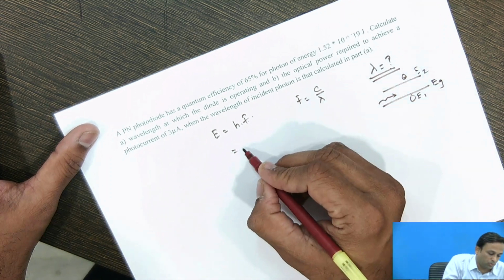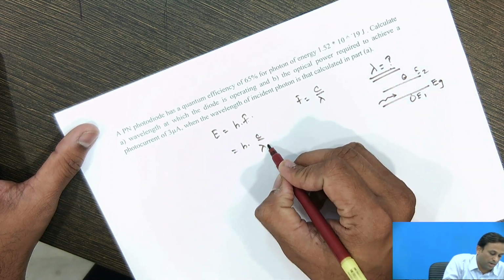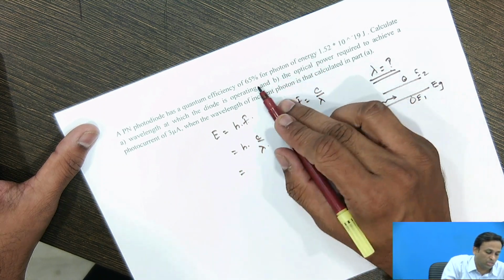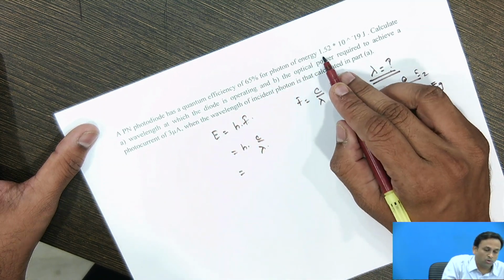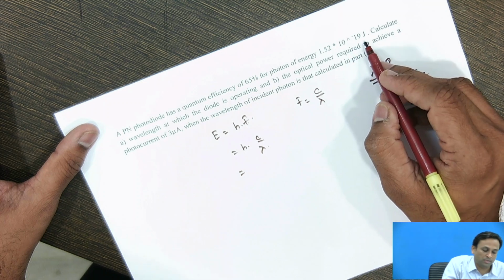If you substitute h into c by lambda, they have given the energy, 1.5 into 10 raised to minus 19 joules.